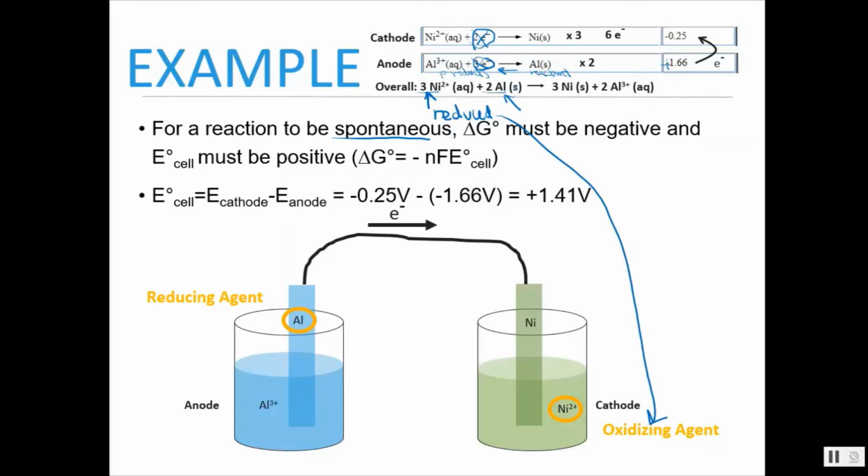The solid aluminum, on the other hand, was oxidized, and that makes it our reducing agent. So again, your oxidizing and reducing agents have to be reactants. Whatever is oxidized is your reducing agent. Whatever is reduced is your oxidizing agent.